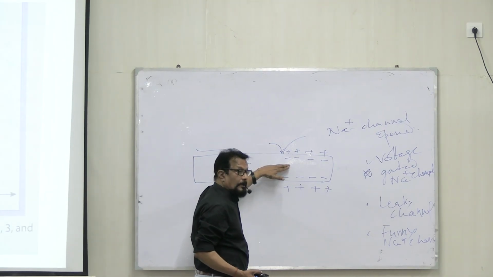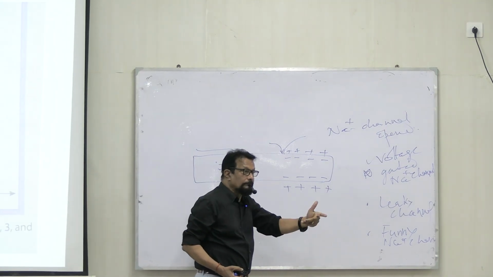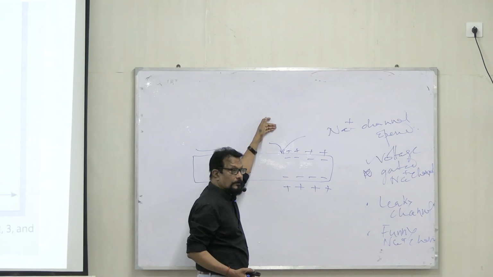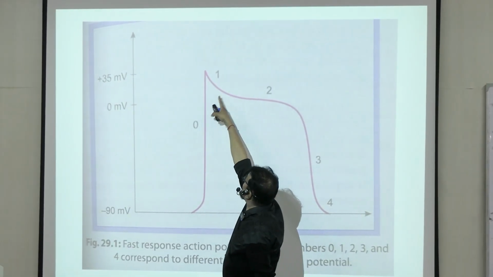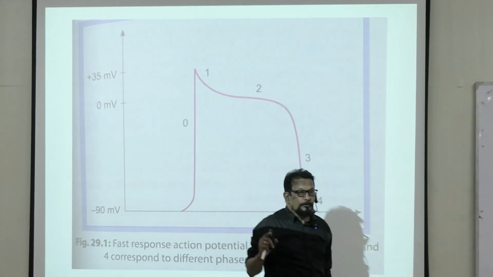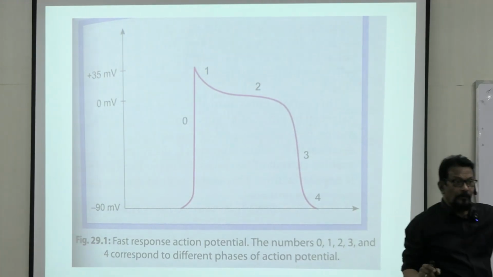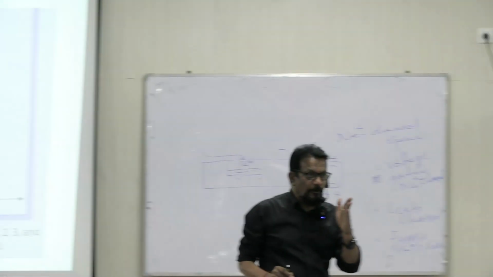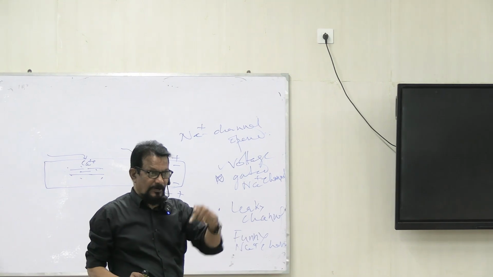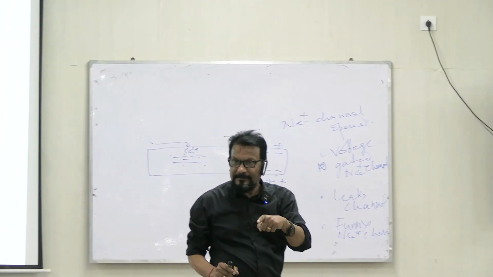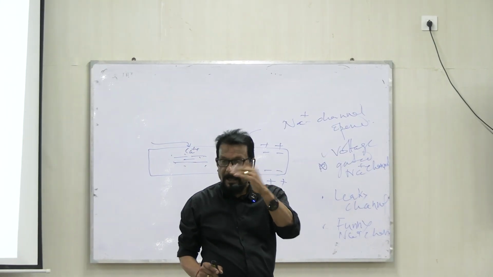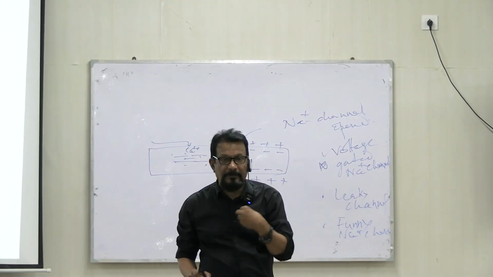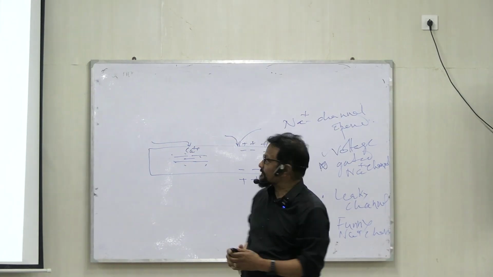Inside will become more negative because positive charge is going out. That's why potential is falling. So this phase 1 is due to exit of potassium ion. Phase 0 is because of entry of sodium ion, and phase 1 is due to exit of potassium ion from inside to outside. We call it efflux of potassium ion.